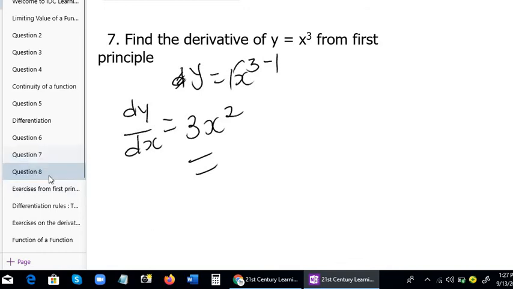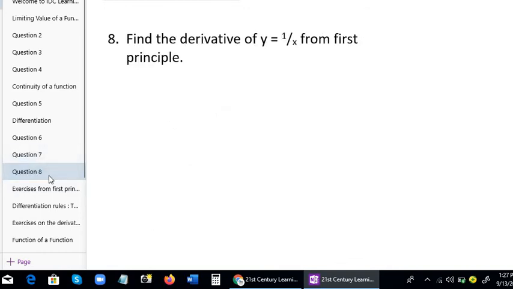Okay, for question 8. Now this question is quite different from the other examples we've done. Find the derivative of y equals 1 over x. Now I want you to know that y equals 1 over x is same thing as x to the power minus 1.